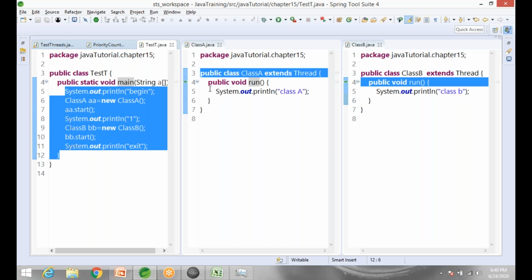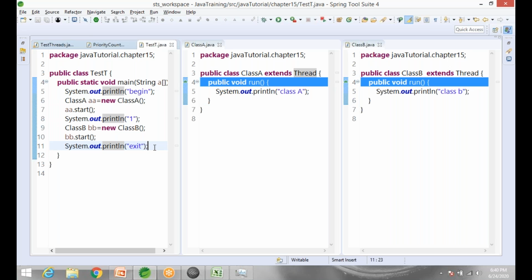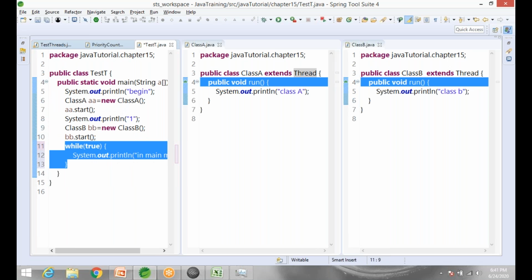what do you do? You write the signature public void run. So what I'm going to do is endlessly print in main method here.